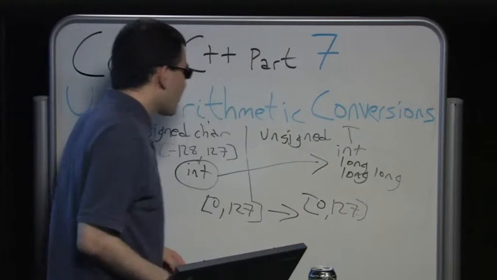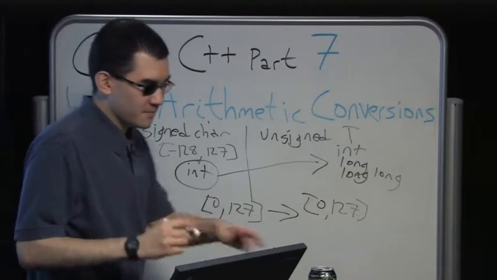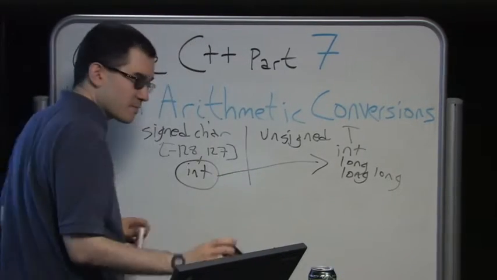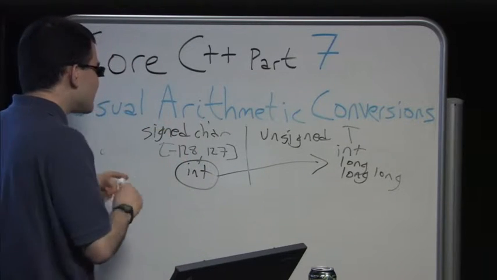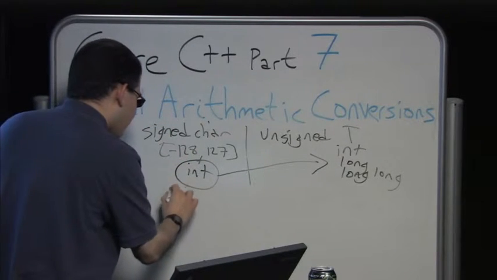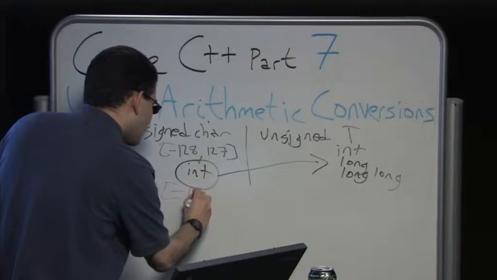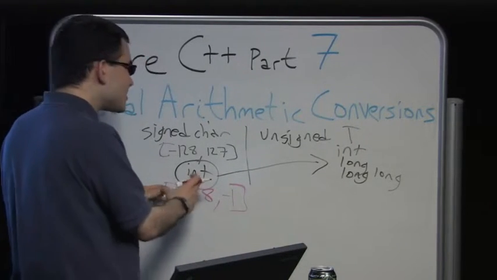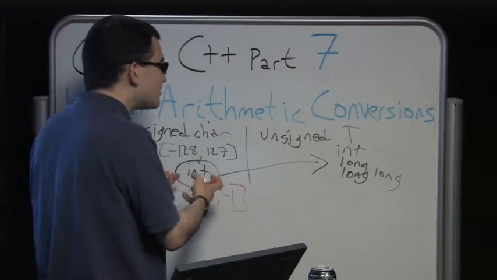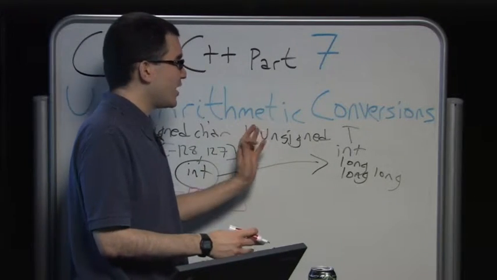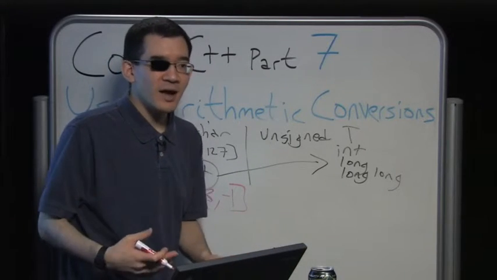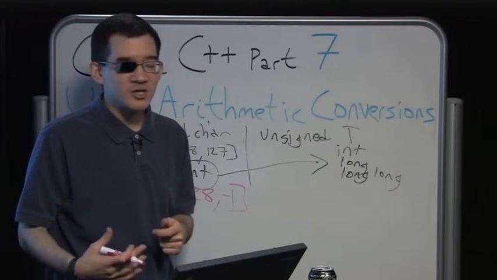Okay, that's cool. But what if the value on this side starts off being anywhere from negative 128 to negative 1? These things are all negative. These values cannot be represented as an unsigned anything. So if I do such a conversion, I must get a value transformation.